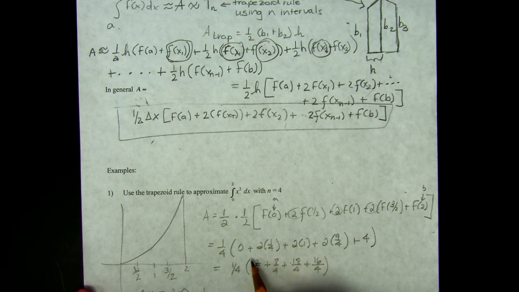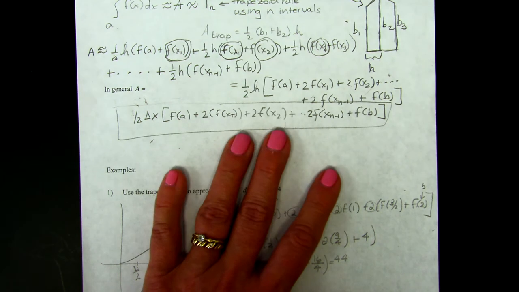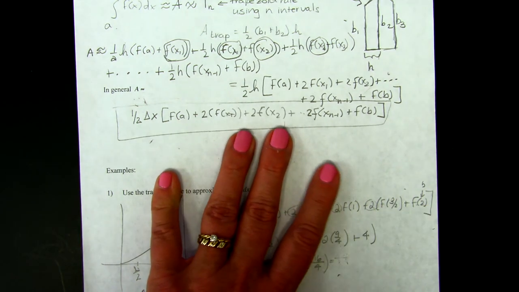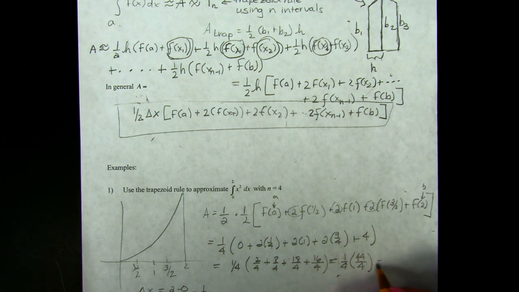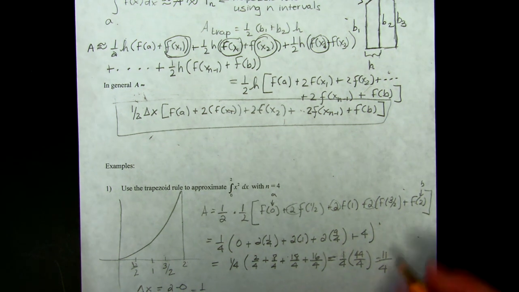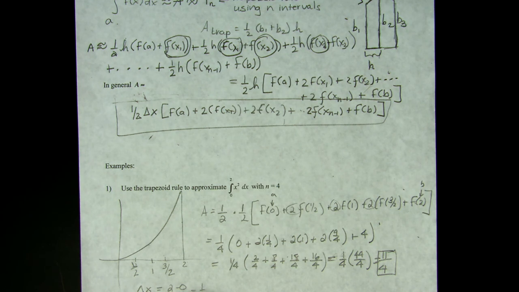Okay, so that's 10, 28, 44/4. So that's going to be equal to 1/4 times 44/4, which looks like 11/4. Okay, and so that's my final answer.